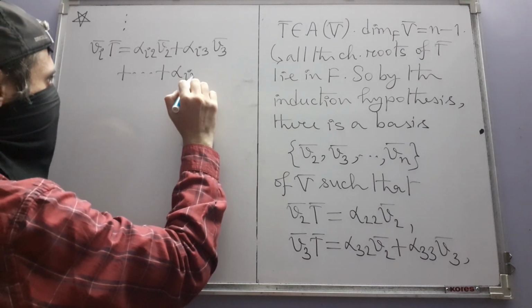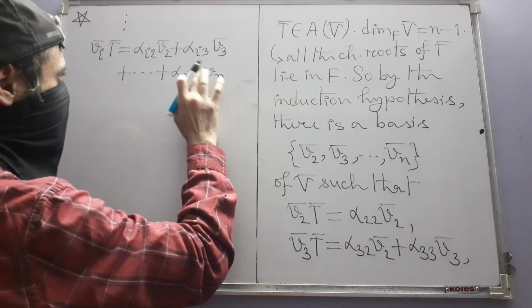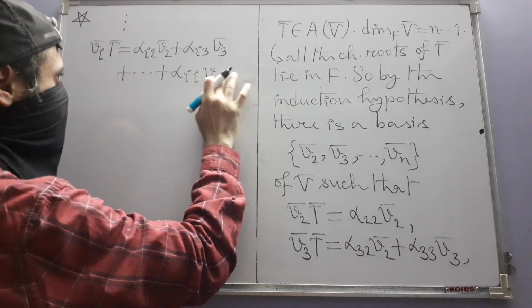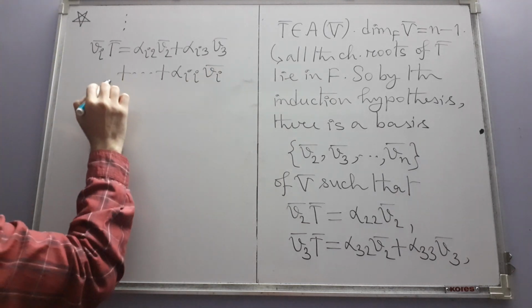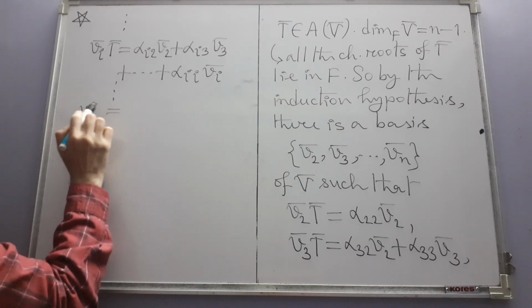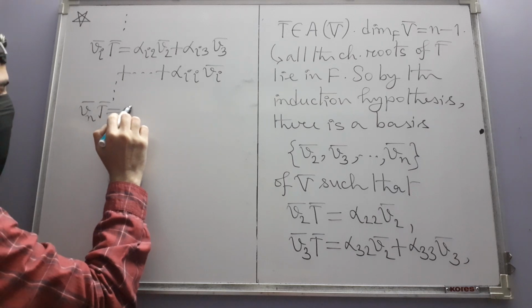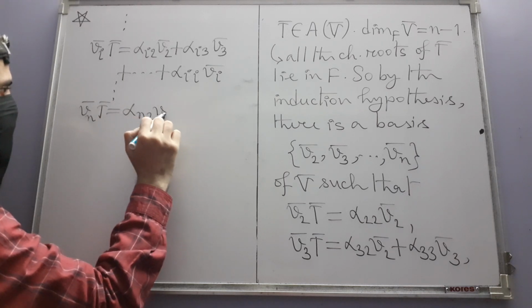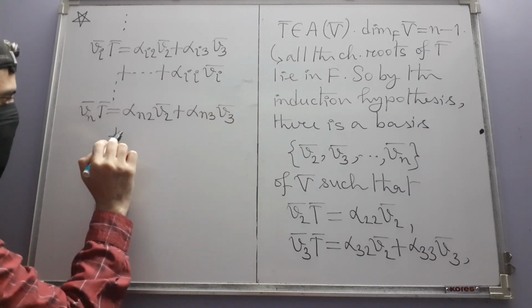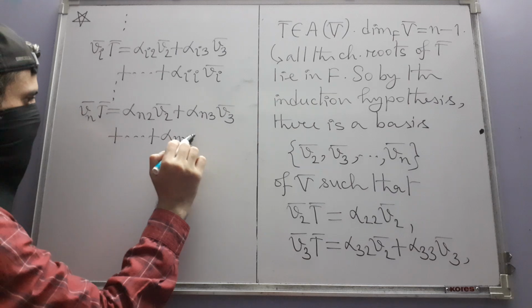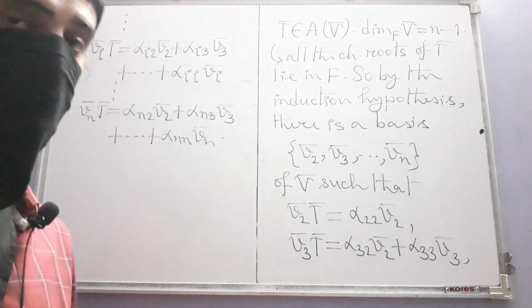It won't be n, it will be i, because I cannot go all the way to n. This is only i. And in the final equation, of course, we can use all the vectors. So this will be alpha n2 V2 bar plus alpha n3 V3 bar and so on plus alpha nn Vn bar. Let us now come to the question of what we have written here actually.